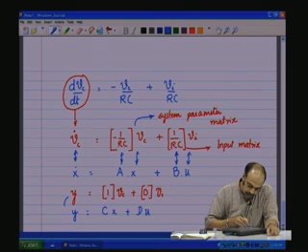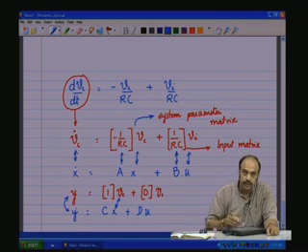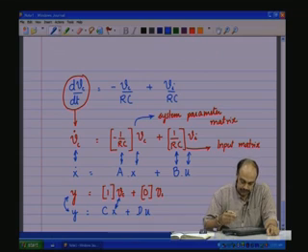Again, there is an equivalence between these two. x is the state vector and C is the output matrix, D is the feed forward matrix, the input that comes directly to the output without going through the dynamics of the system.